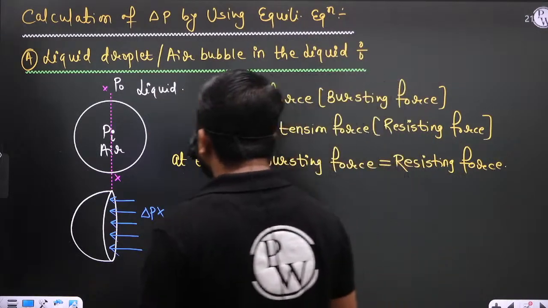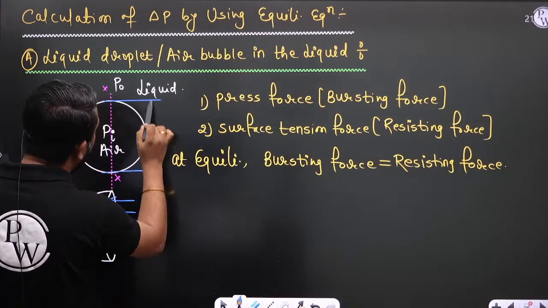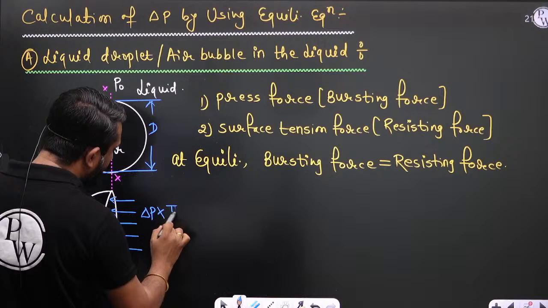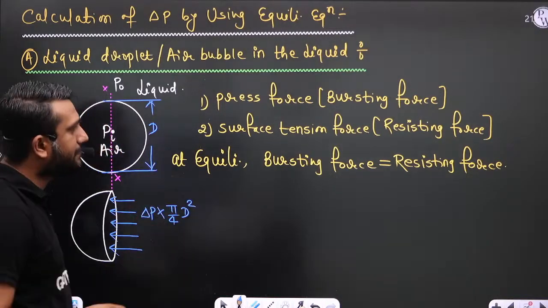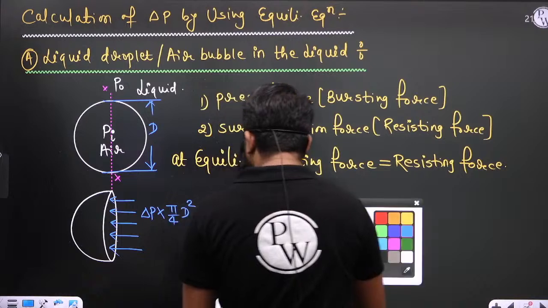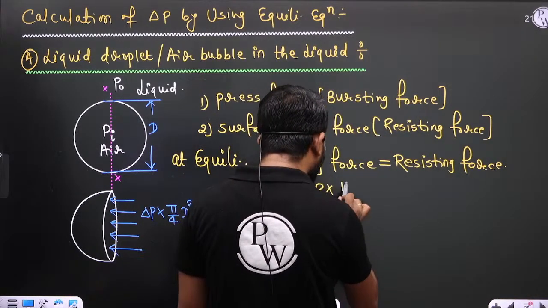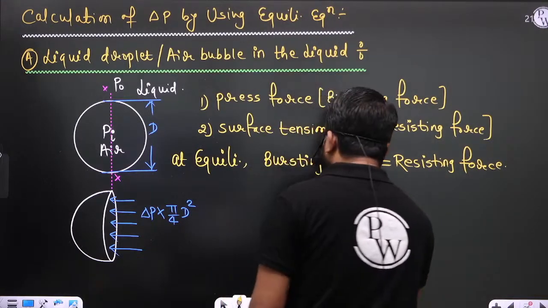This diameter is the capital D, so the projected area is pi by 4 D square. So this is the bursting force, delta P into pi by 4 D square.